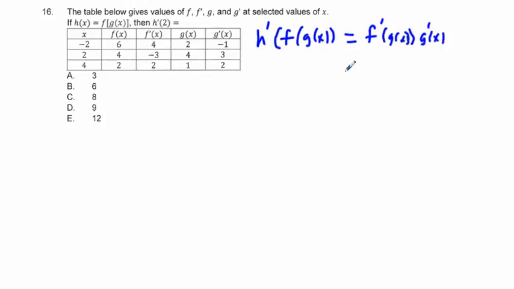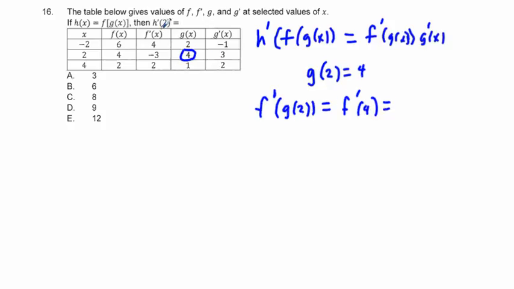And so g of 2 is going to be equal to 4. Then we're going to have f prime of g of 2, which is f prime of 4, which is going to be equal to 2.